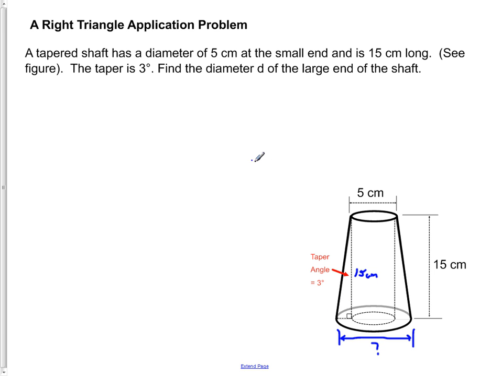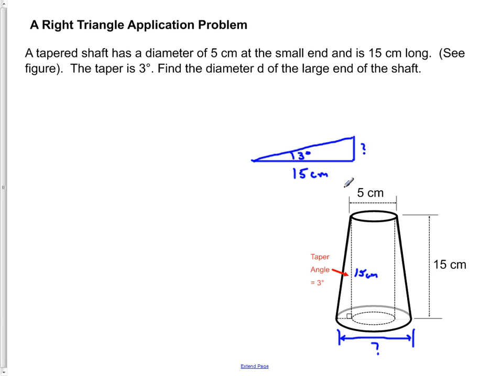We could actually write it this way. I'm going to exaggerate my 3-degree angle, but essentially it looks a little bit like this. We have this angle of 3 degrees enclosed in a right triangle, which we know that the adjacent side is 15 centimeters.